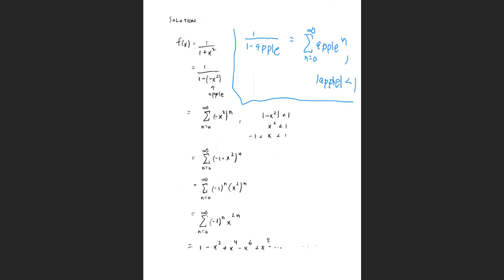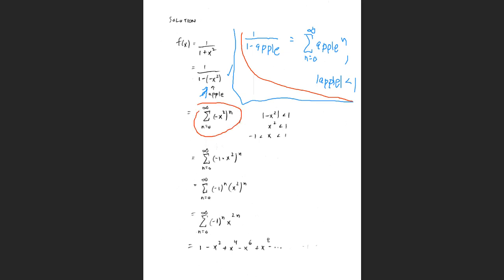So what we can do is we can write 1 plus x squared as 1 minus negative x squared. And the negative x squared would be my apple. Then I use the formula here, and I come up with this power series.